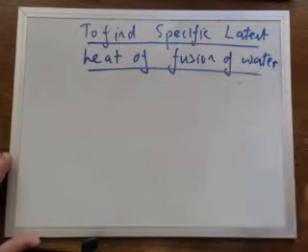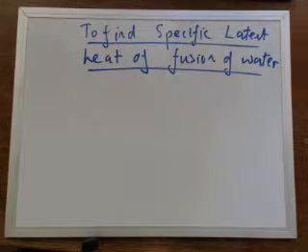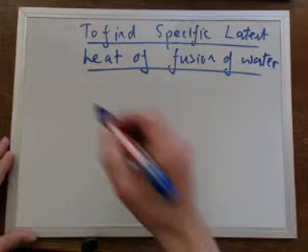In other words, we'll be trying to find out how much energy it takes per gram to melt ice, or if you use SI units, the energy required per kilogram to melt ice. Now there are two methods.